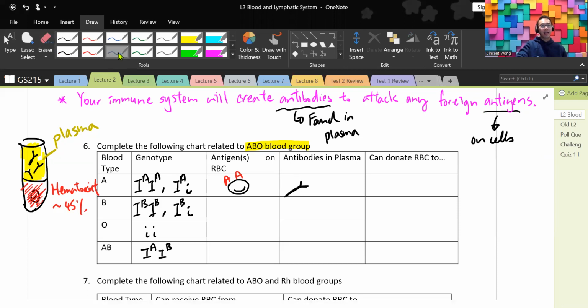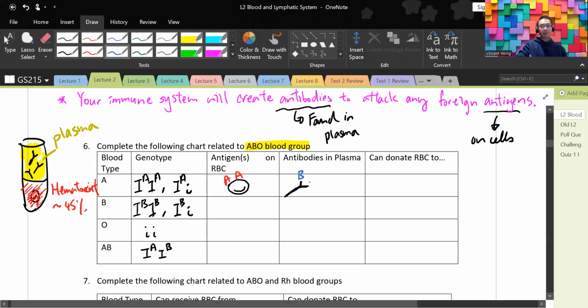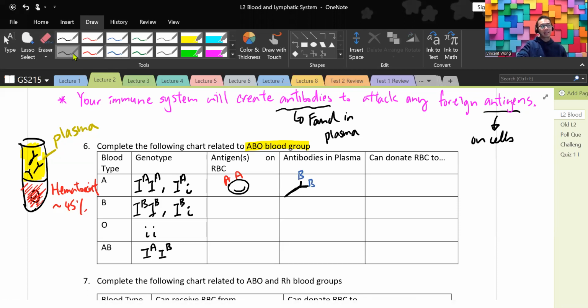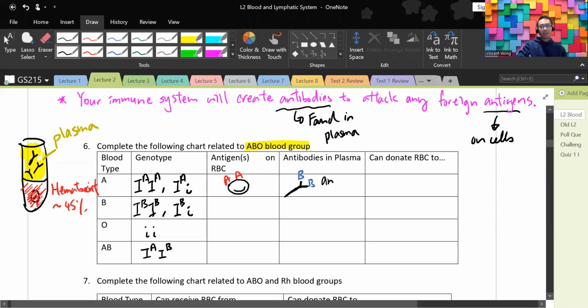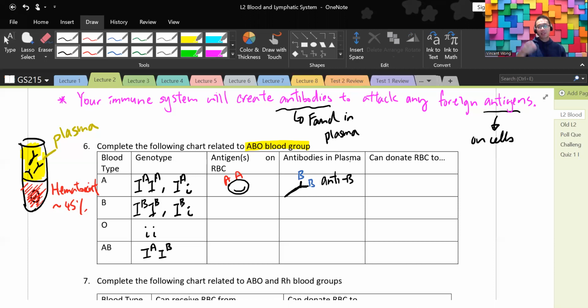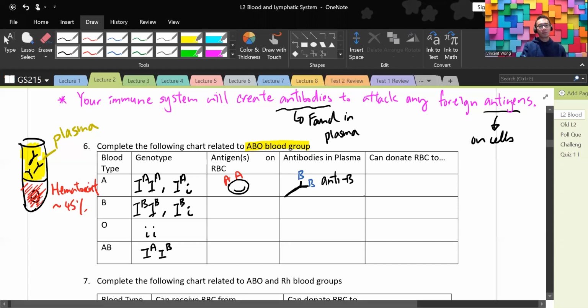That's right. They would have anti-B antibodies. Remember, you make antibodies against things that you do not have. There is no such thing as anti-O antibody, because O is the absence of A and B. You cannot make an antibody that attacks nothing. That's why there's no anti-O. We talk about who we can donate to later.